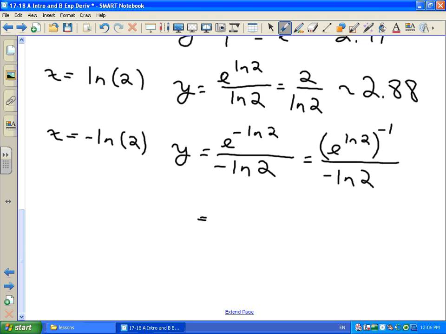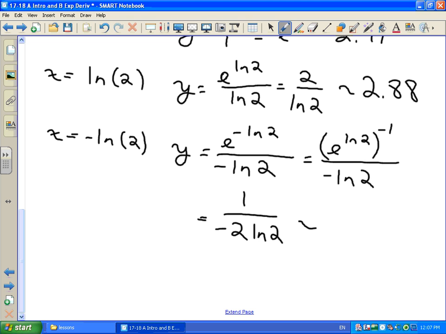Since we know that e to the ln 2 is just 2, we get 2 to the negative 1, which is just 1 over 2. So this is going to be 1 over negative 2 ln 2. I don't know the value offhand, but I know that this is going to be my smallest value because it's the only one that's negative.